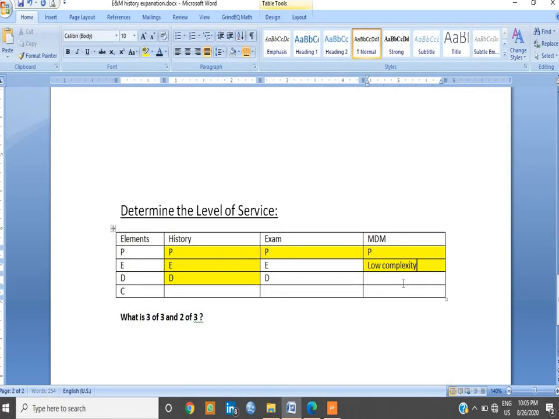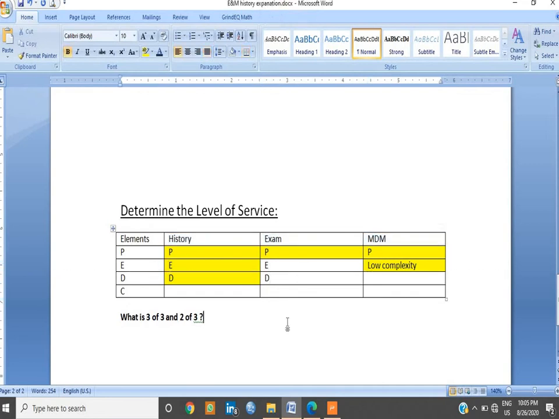In the question it is written as low complexity MDM, problem focused examination, and detailed history. All three are different, so we have to take the least. So we have to cover all these three.